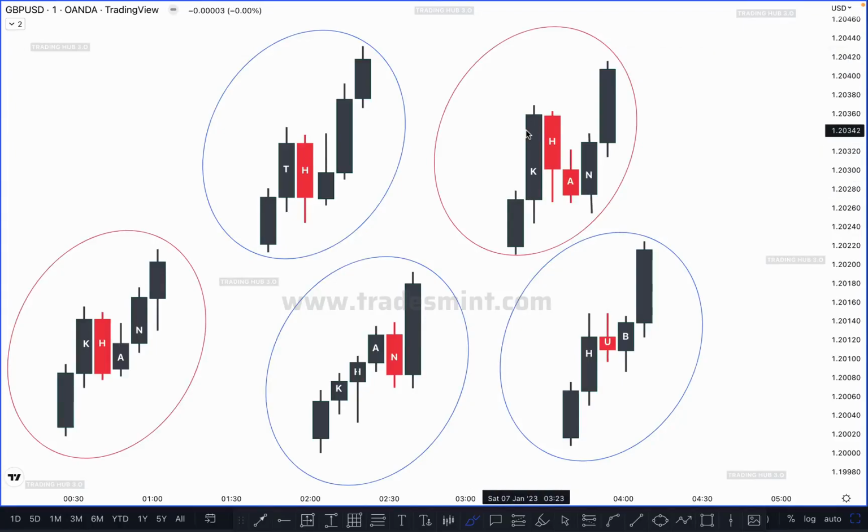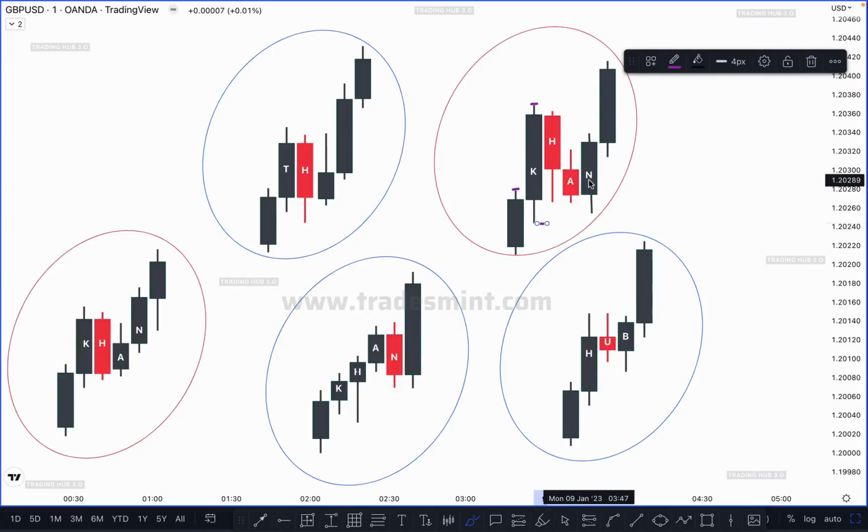When the market takes out the previous candle low, that acts like a pullback. So the same thing happens here: the market breaks this high, okay, and creates a new high here, and this candle's high and low are here, right? But the H candle did not break the K candle low, so this is not a valid pullback. But the A candle broke the H candle low, so this is still not a valid pullback.